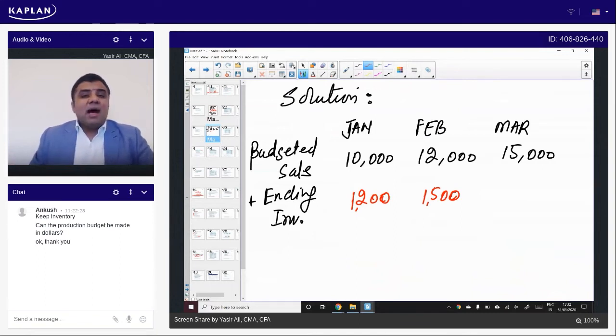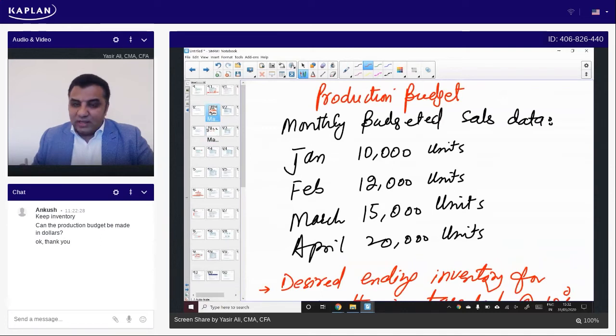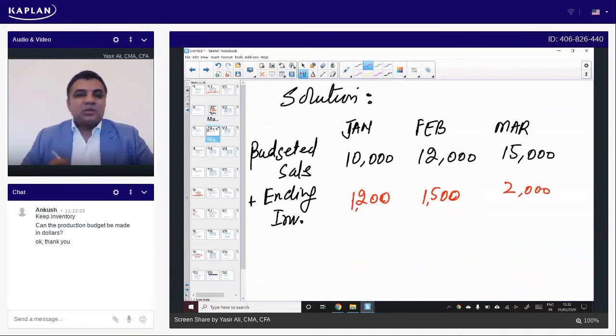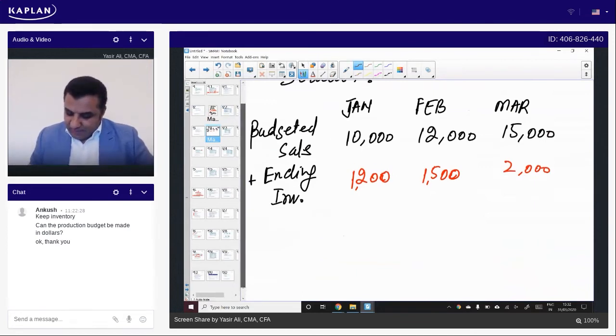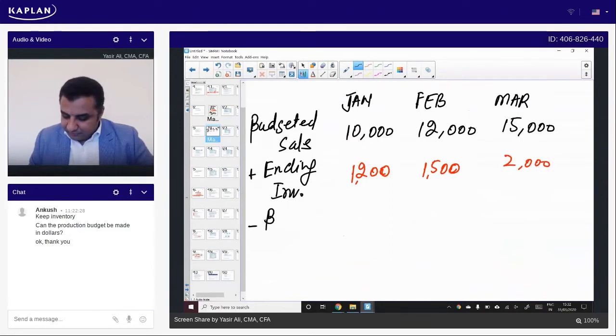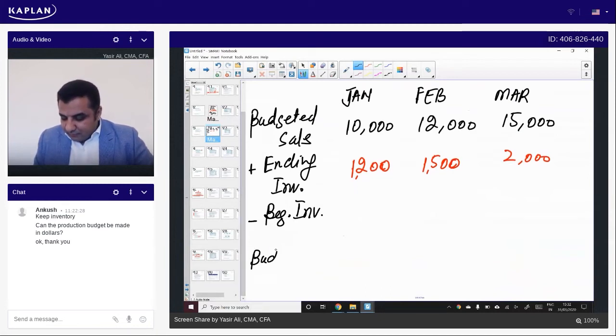And then for March, we have seen that April's budgeted sale is given as 20,000, so 10% of 20,000 is 2,000. So ending inventory is simply 10% of coming month's sales. Now minus the beginning inventory, and that should give us the budgeted production for each month.